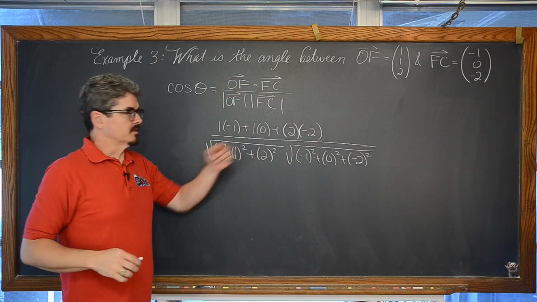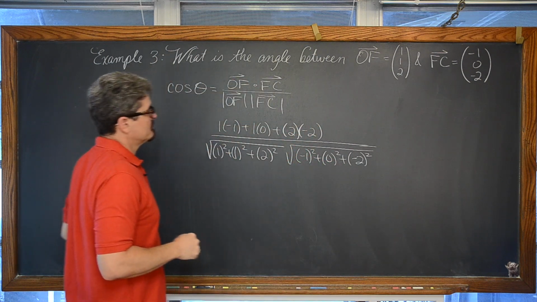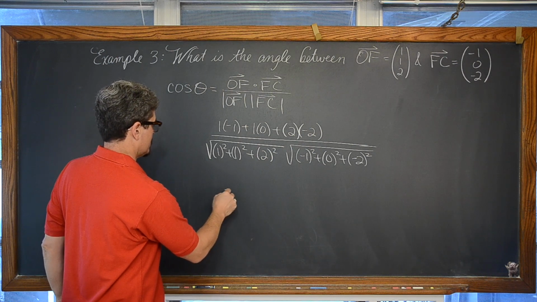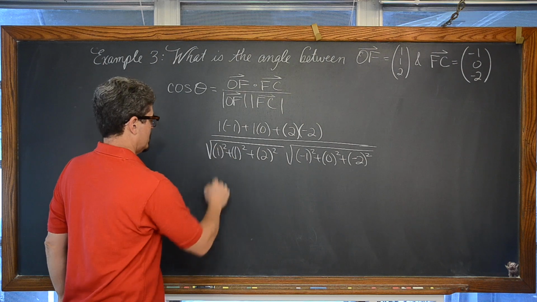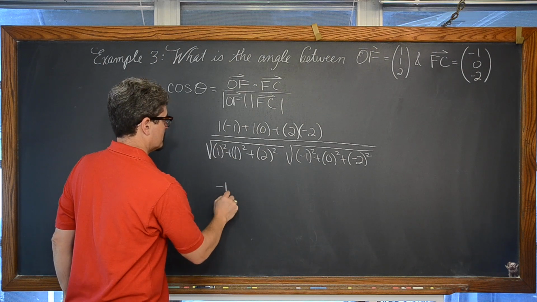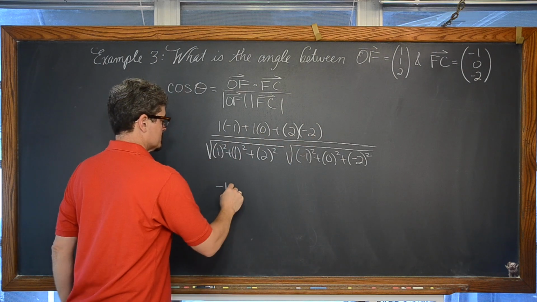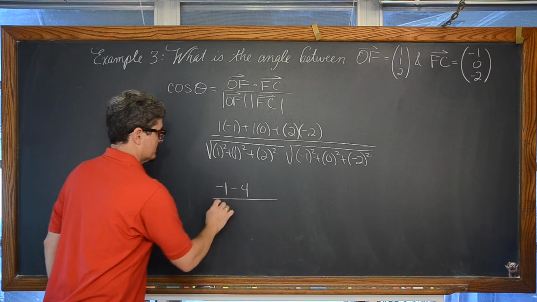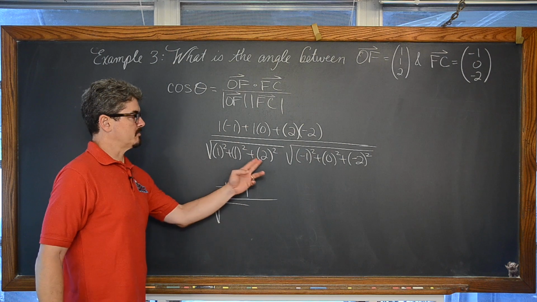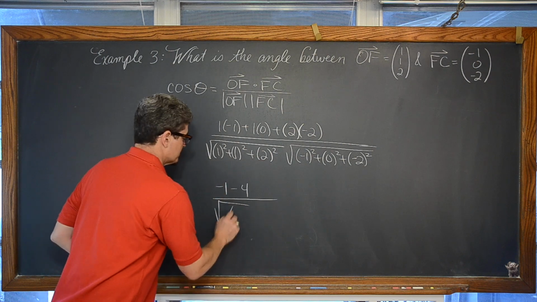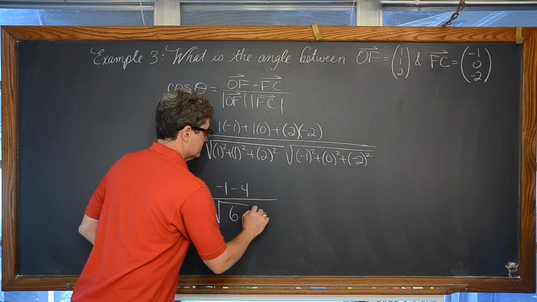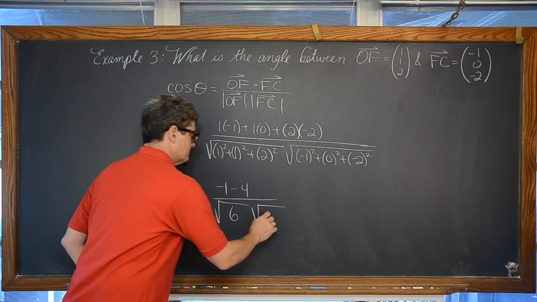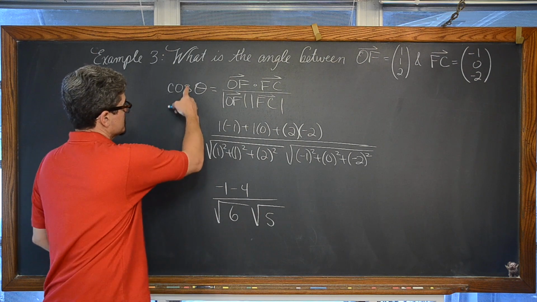Really, you're just going to have a negative sign change up here, and ultimately have to recalculate our answer here. We're looking at negative 1 plus negative 4, which is negative 5, over the square root of 1 plus 1 plus 4, which is the square root of 6, times the square root of 1 plus 4, which is 5, is equal to the cosine of theta.